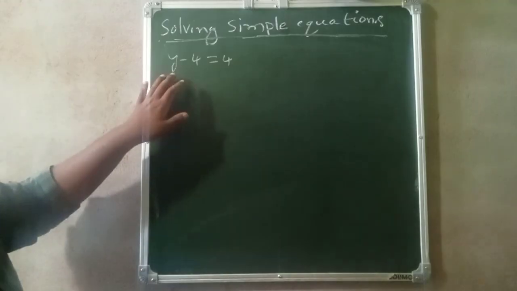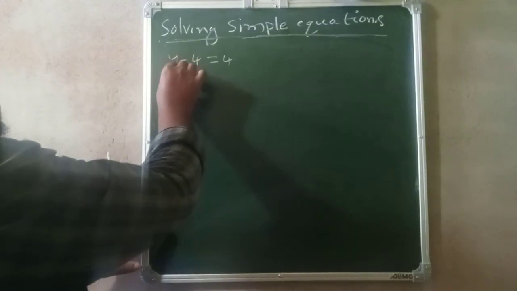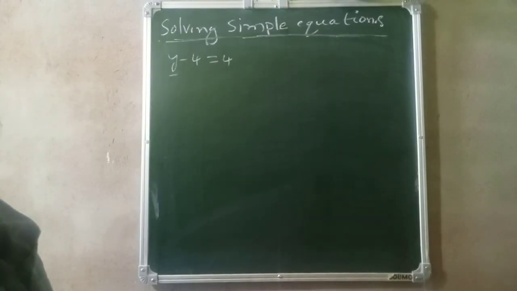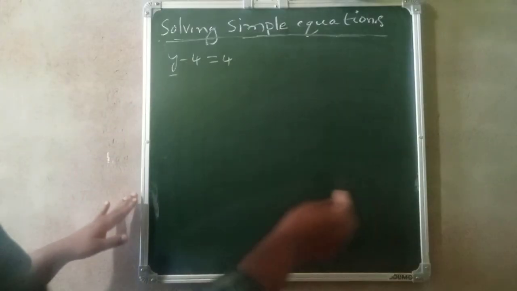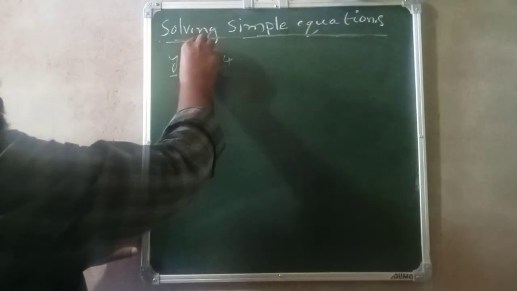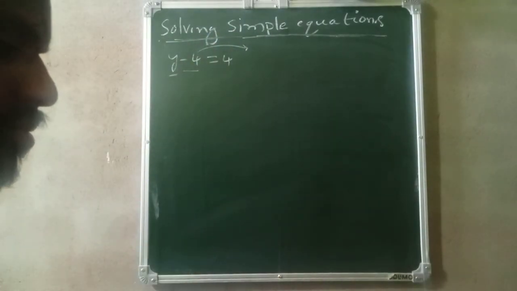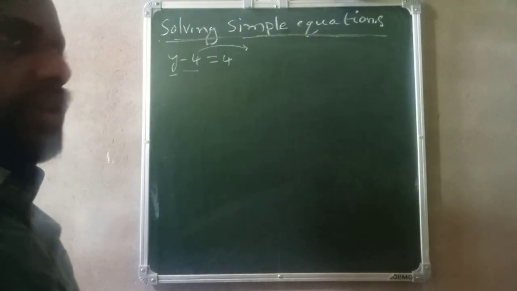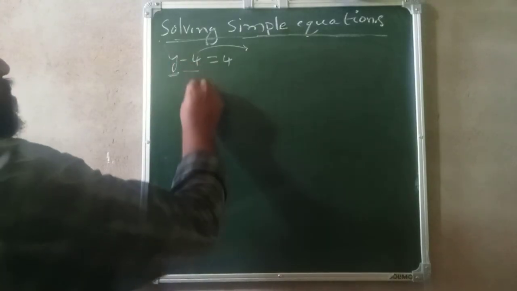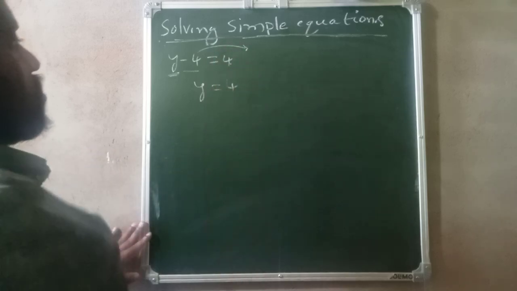So y is the variable here. So keep this y on one side and move remaining whatever is there other side. Remaining is minus 4. We have to move this to this side. So in the next step, before moving, write this y is equal to, write this 4 as it is.